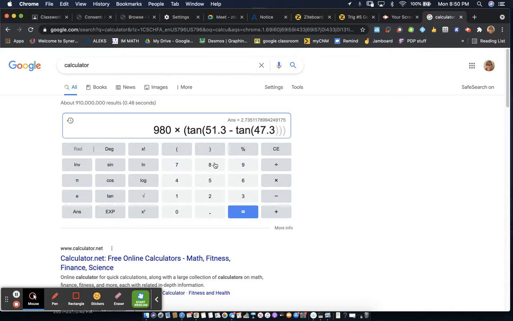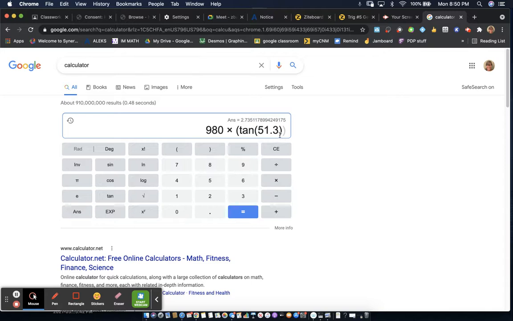Close parentheses on the tangent. Oops, I need to put a close parentheses right there. Ooh, shoot. You guys, do you see what I did? I need to make sure I close this. See, right there.